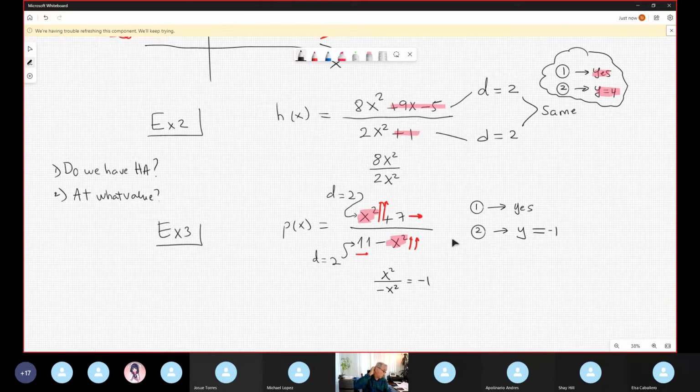Yeah, I know, I put it intentionally, because in the test I put one similar that you never saw before. So the degree analysis consists in taking the leading coefficient, the dominant term in the top and the dominant term in the bottom. Okay, and that's it. This is just the beginning.